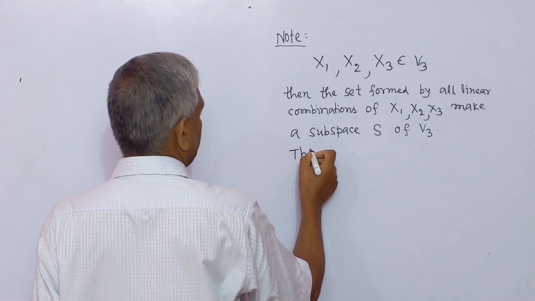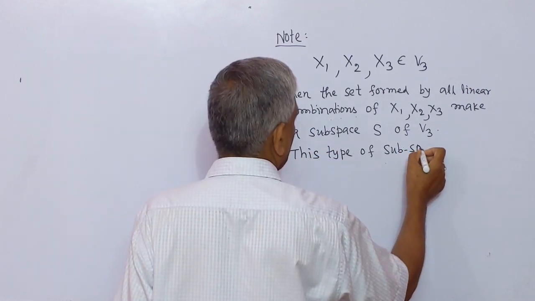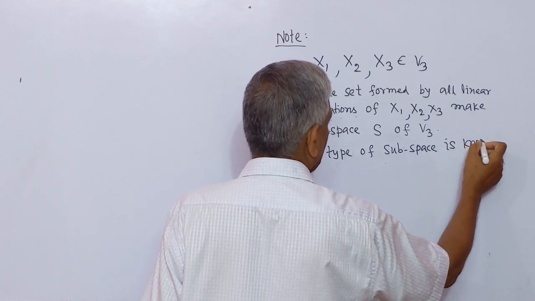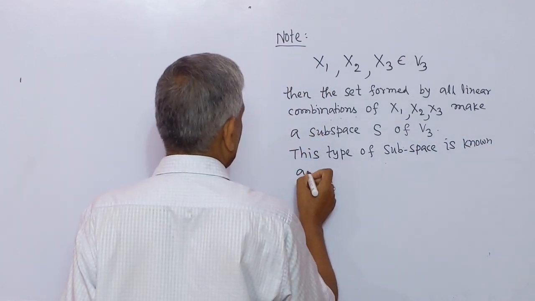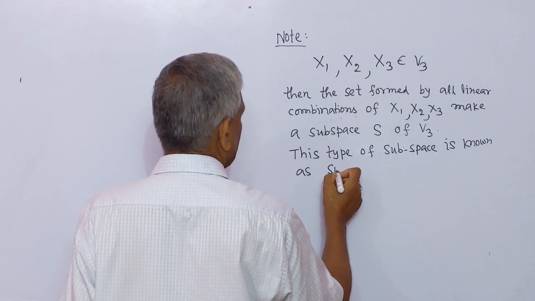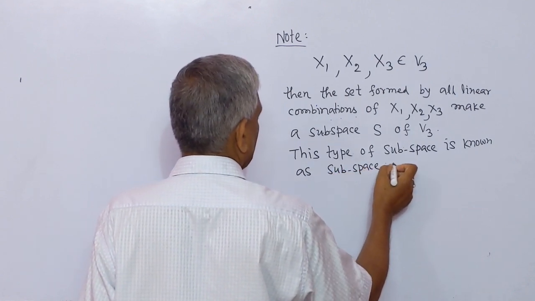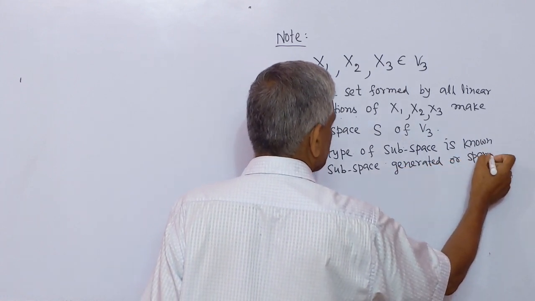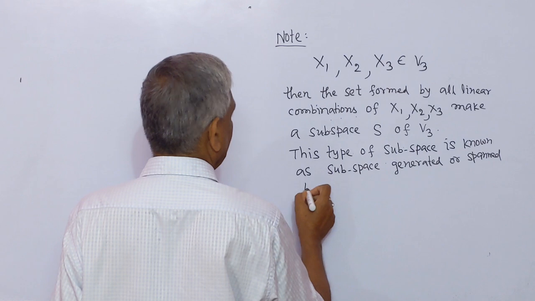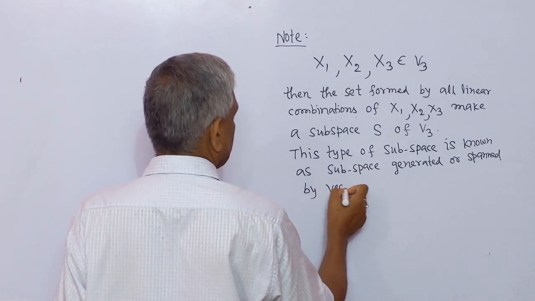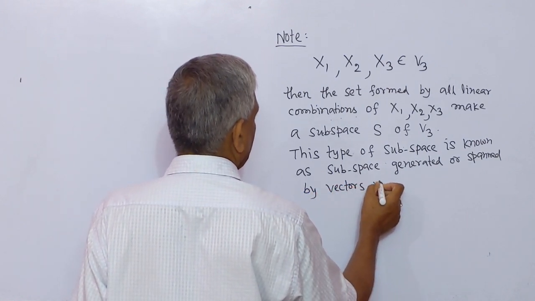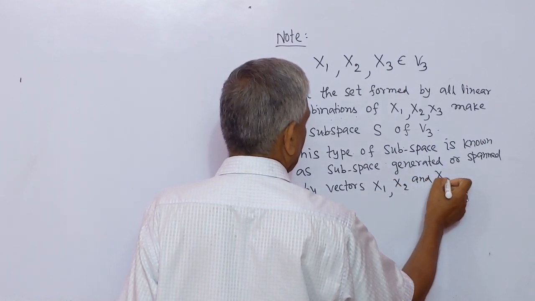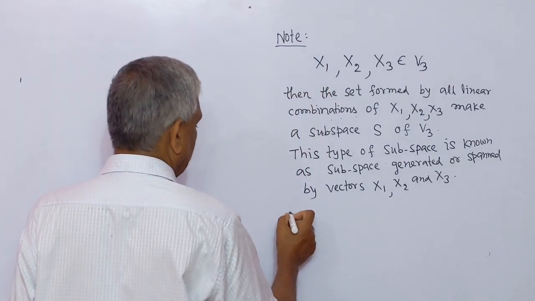This type of subspace is known as subspace generated or spanned by vectors x1, x2 and x3.